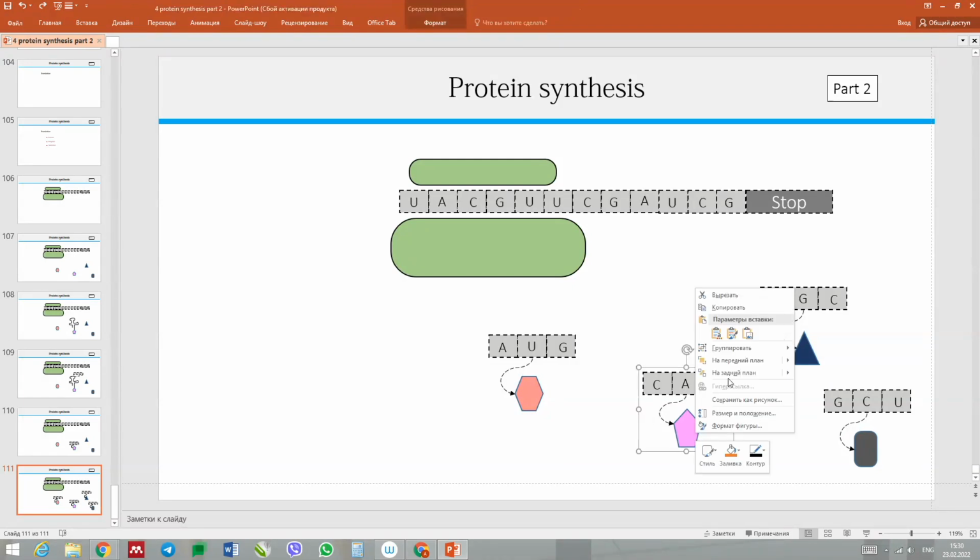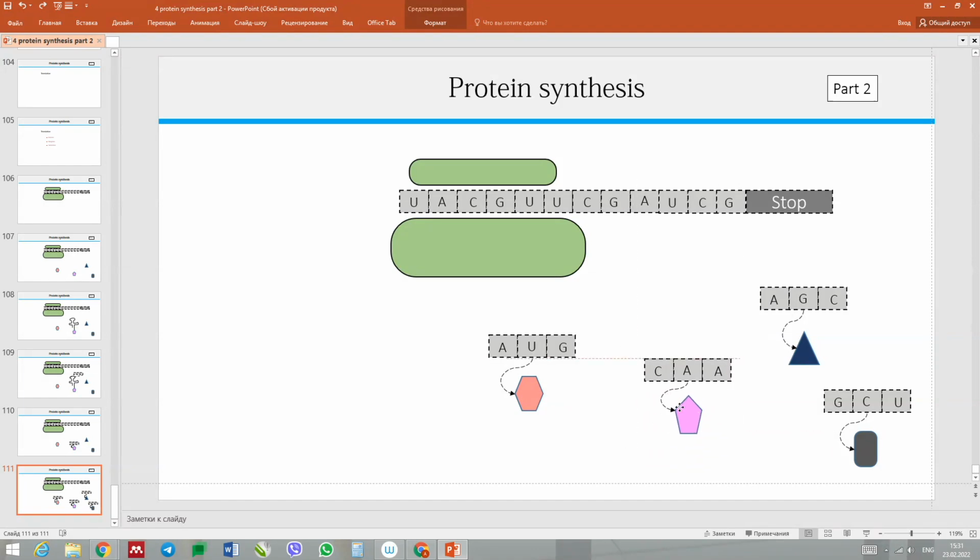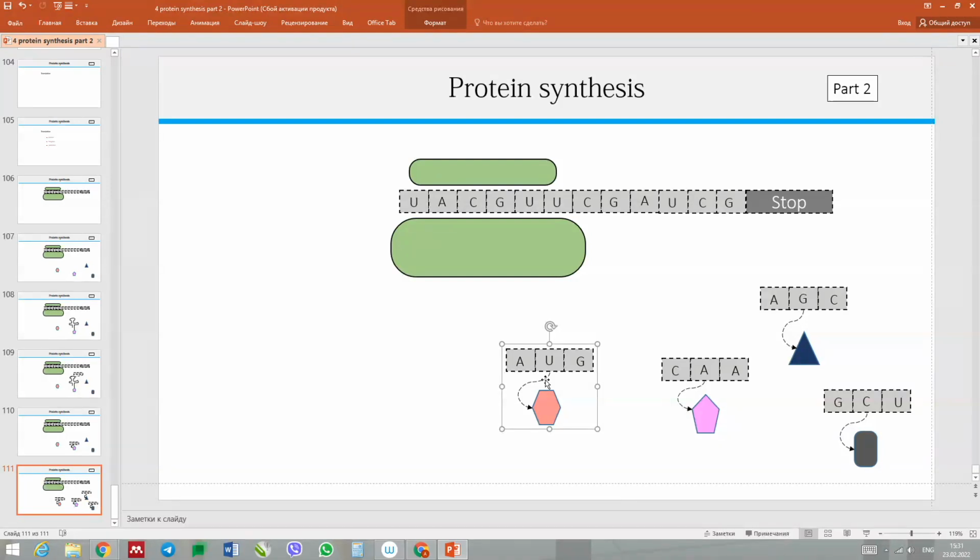For example, if this amino acid is associated with transport RNA that has anticodon cytosine, adenine, adenine, another amino acid is associated with another type of transport RNA that has anticodon adenine, uracil, guanine.